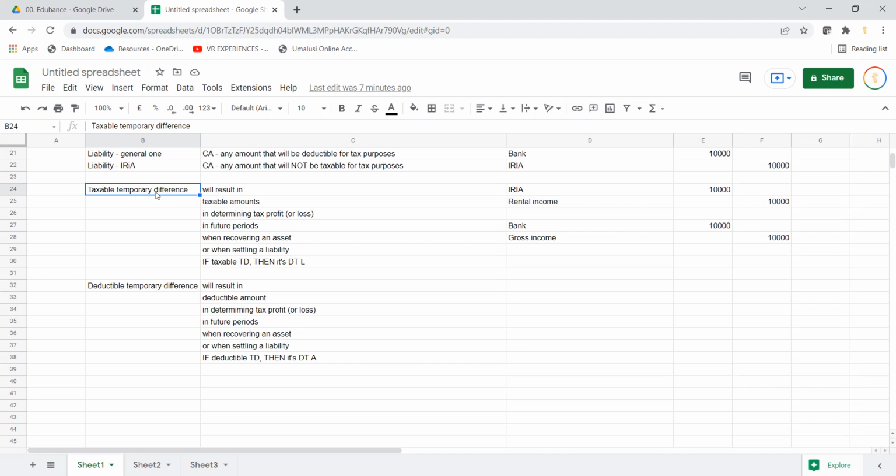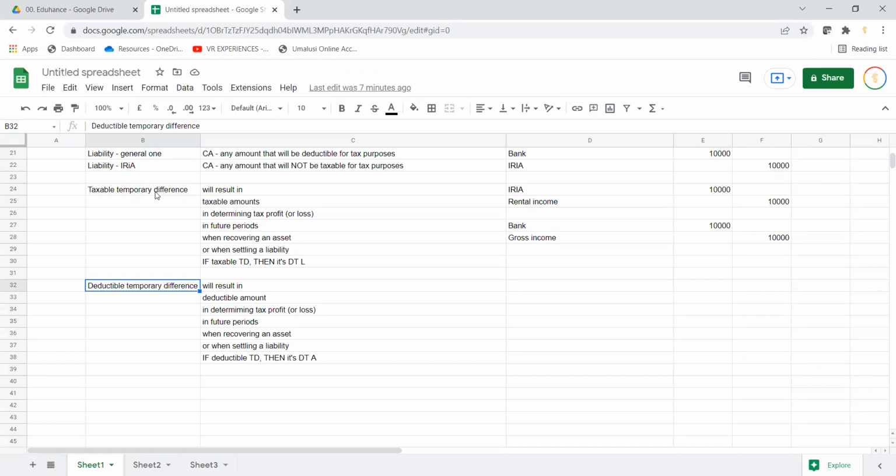Remember, when you have a taxable temporary difference, you recognize a deferred tax liability without thinking. When you have a deductible temporary difference, you may recognize a deferred tax asset, but remember, in order to recognize a deferred tax asset, certain things need to be in place. It must be probable that you will have taxable profit in the future.